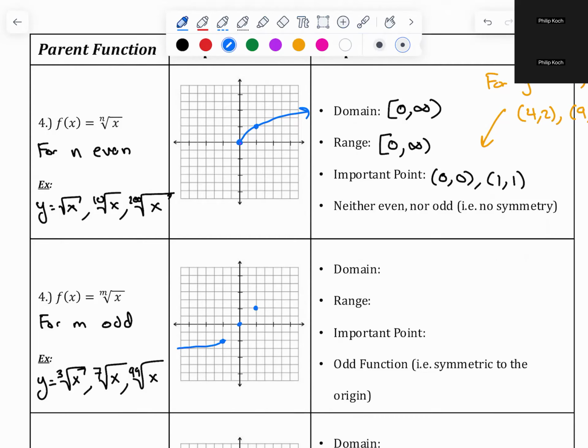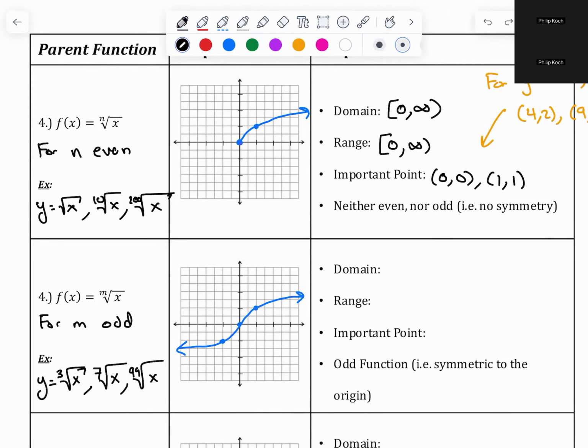And they look like a flipped version of x cubed. The only difference is that the number of the root just makes it more jagged. The higher the root, the more jagged it looks. So if you're talking about the 99th root, that'll probably look more like this. Still the same shape, just more jagged.